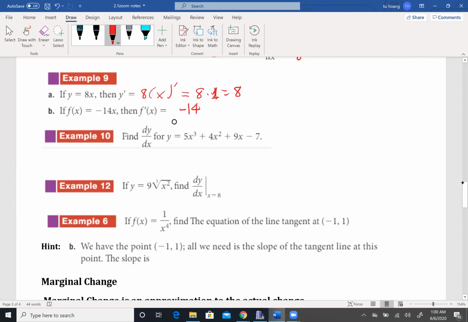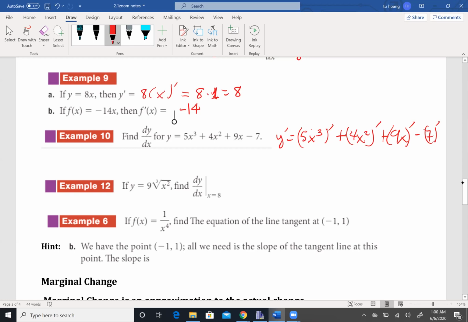Move to example 10 here. You have four terms of y, and you want to find the y derivative. You want to split it out for each term. It can be 5x cubed, and then take the derivative of that, plus 4x squared, take the derivative of that, plus 9x, take the derivative of that, and then minus 7, you also take the derivative of that.